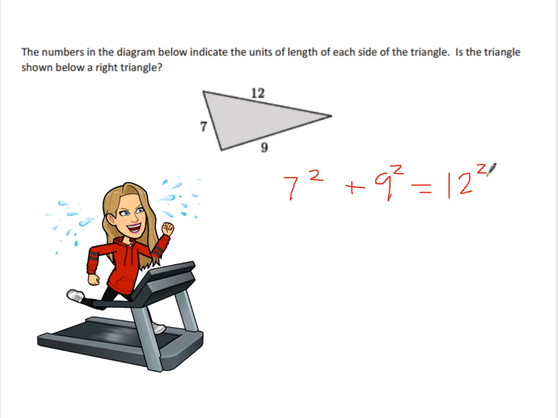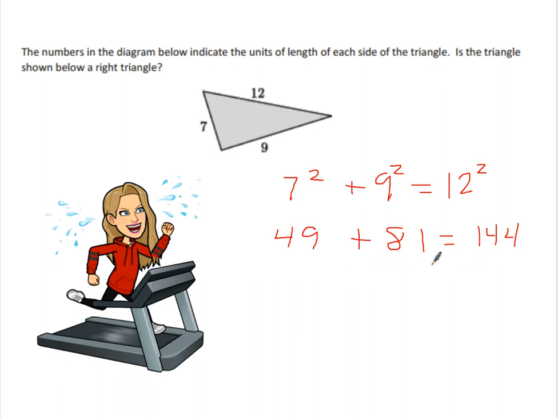Well, what is 7 squared? Good, 49. And 9 squared? 81. And 12 squared? 144. Good.